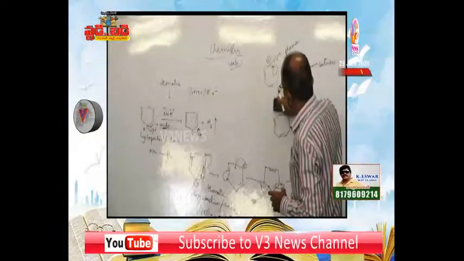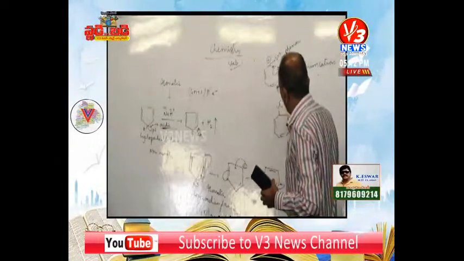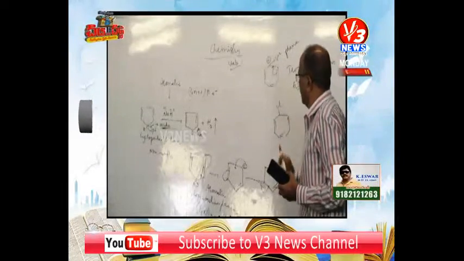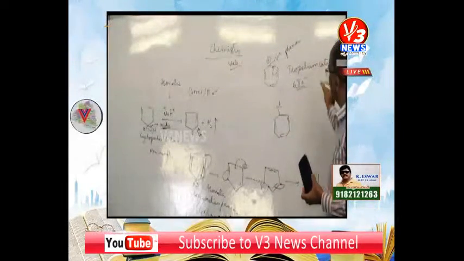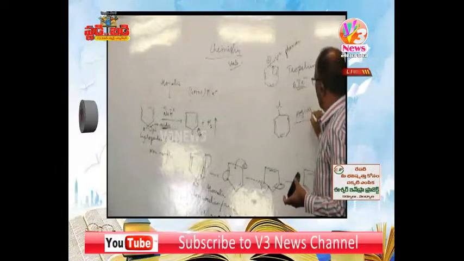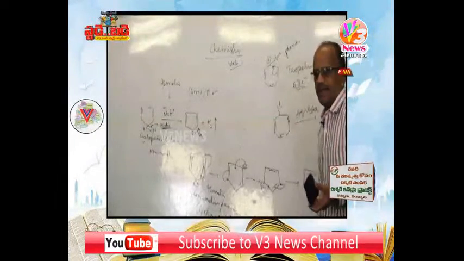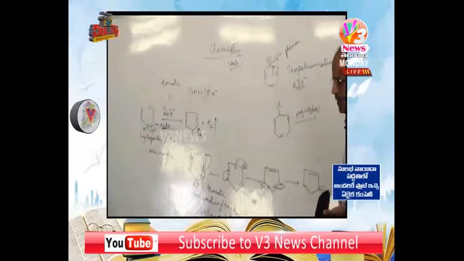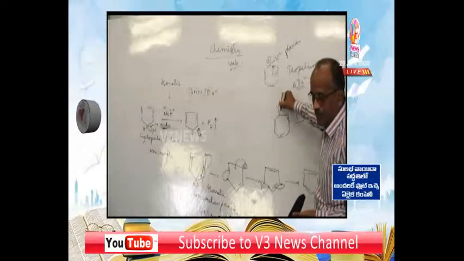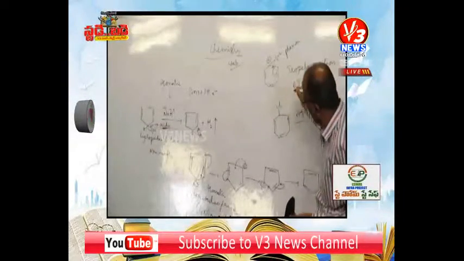You have to think. I am taking tropylium chloride. Now tell me, will it give a white precipitate with aqueous silver nitrate or not? Which is more electronegative here among carbon and chlorine? Chlorine is more electronegative.